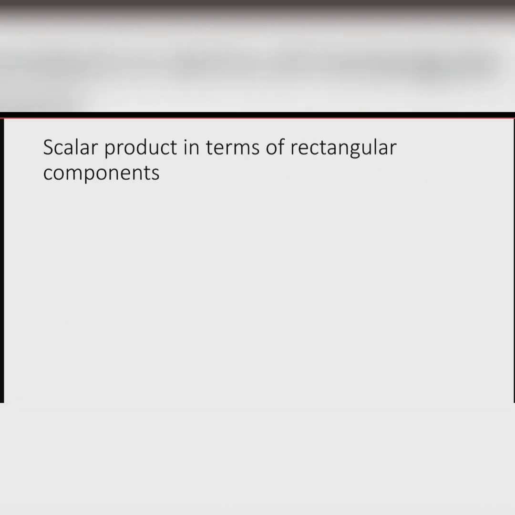Okay. Now let's see how we write the scalar product between two vectors in terms of rectangular components. Rectangular components means suppose vectors A and B are given in the form of Cartesian coordinates. So vector A is given as ax i hat plus ay j hat plus az k hat, and vector B is given as bx i hat plus by j hat plus bz k hat.